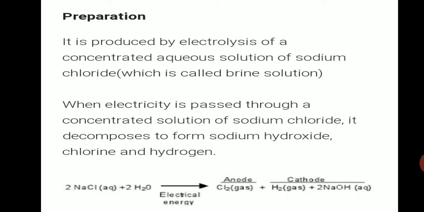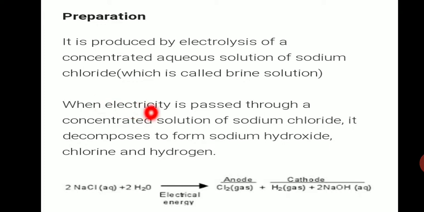electrolyzed. All of you know what electrolysis is: passing electricity. In the first chapter we discussed the electrolysis process of water. A special apparatus is required to carry out this process.